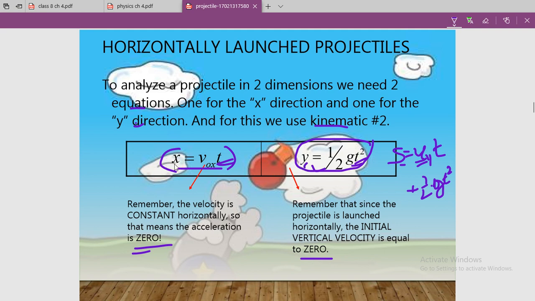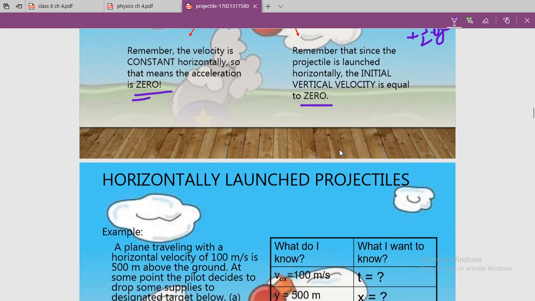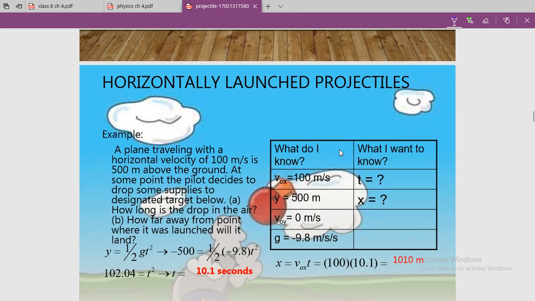These two are the coordinates of the particle after time t from the origin. So you can see here horizontally launched projectiles. Let's see this example.